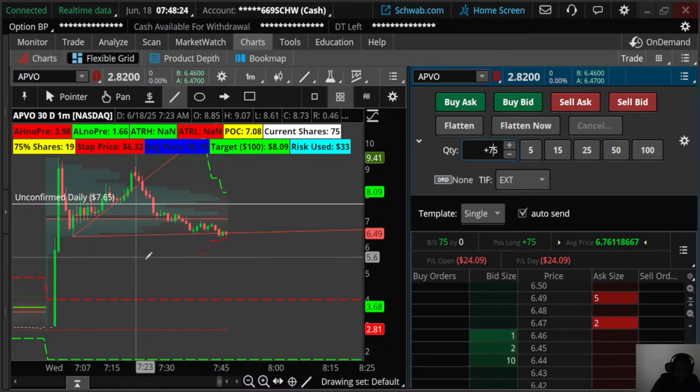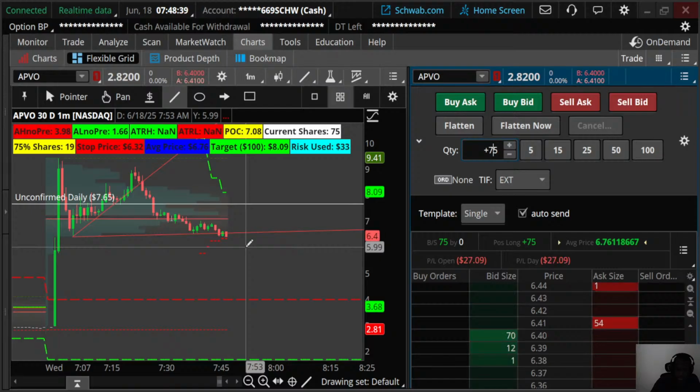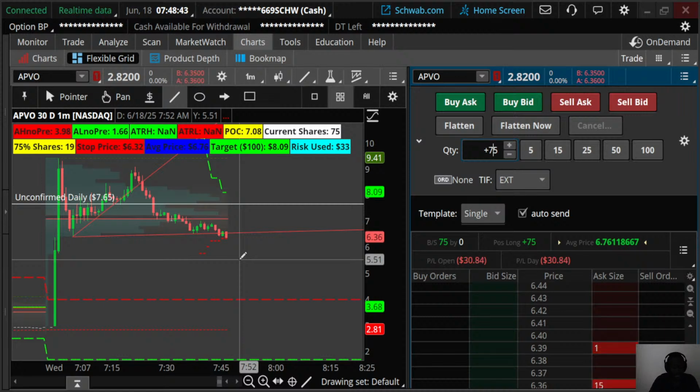Right around this 42 level. Got the catalyst, got all that good stuff. We just needed to go up a little bit. It may be disappointing me.